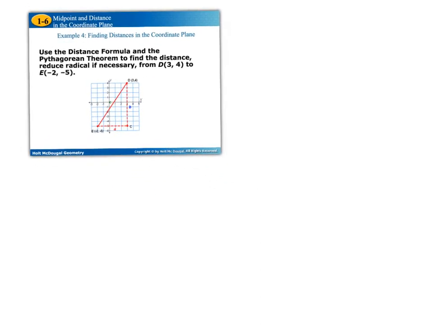Notice our point D is (3, 4), and E is (-2, -5). So the distance of DE, I'm going to use D as my point 2, E as my point 1 to show you that even if I chose the first point to be 2 and this point 1, I will still get the same answer.